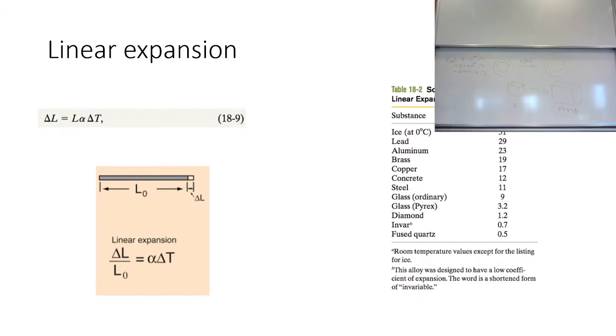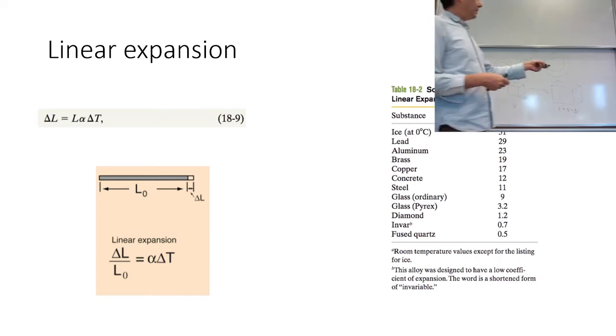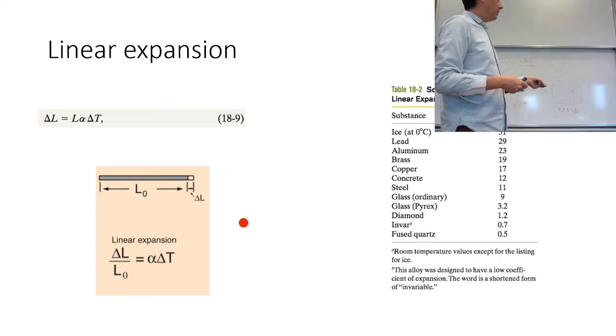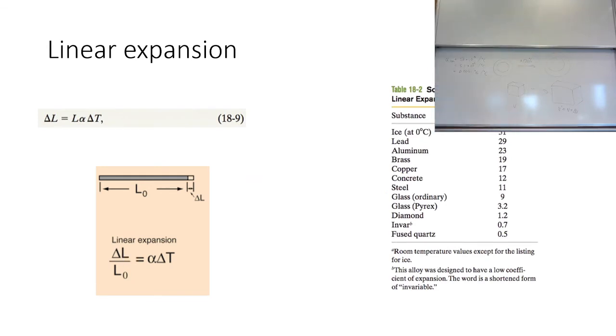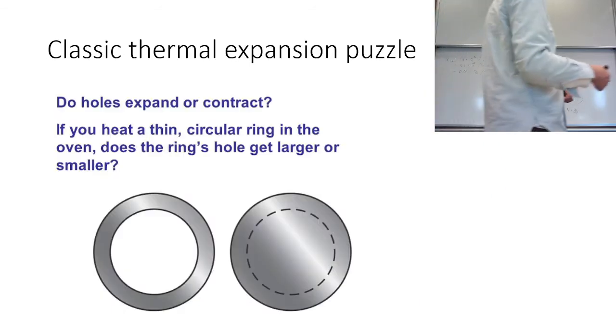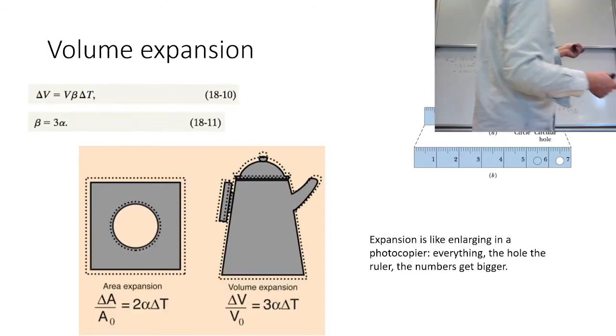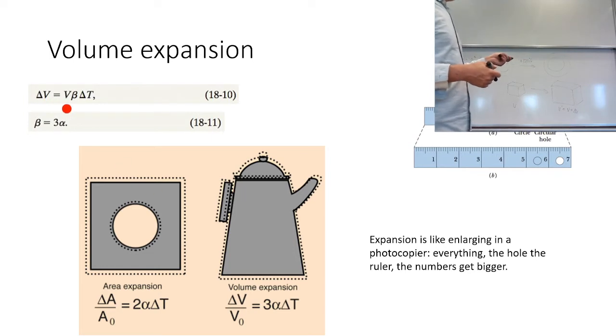Basically, the length expands by that percentage, because this delta L over L is basically the percentage increase, right? That percentage per degree. Okay, and for the volume, you have a similar coefficient here, which will be, again, the fractional amount per degree.